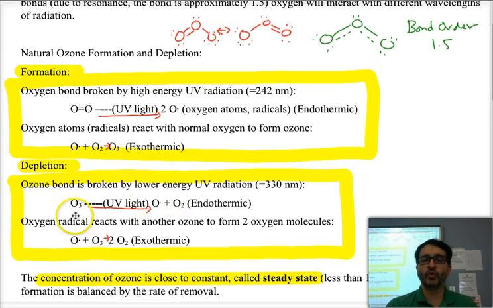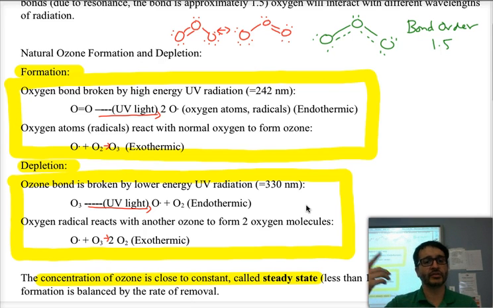So when ozone gets hit by this 330 nanometer ultraviolet light, it breaks into an oxygen radical and an oxygen molecule. That process too is endothermic because it's bond breaking. The oxygen radical can bond with another ozone molecule to give you two oxygen molecules in an exothermic process, and that starts the cycle again.